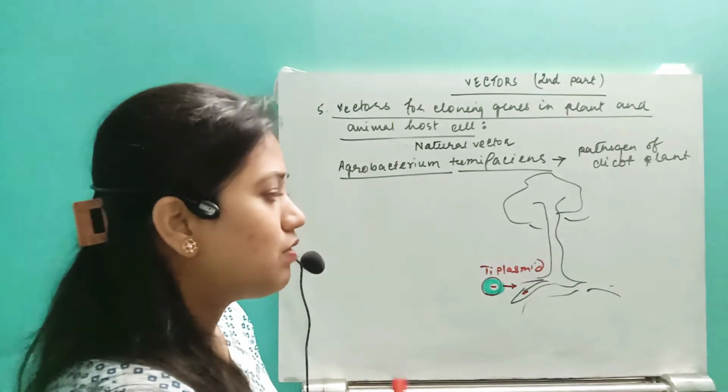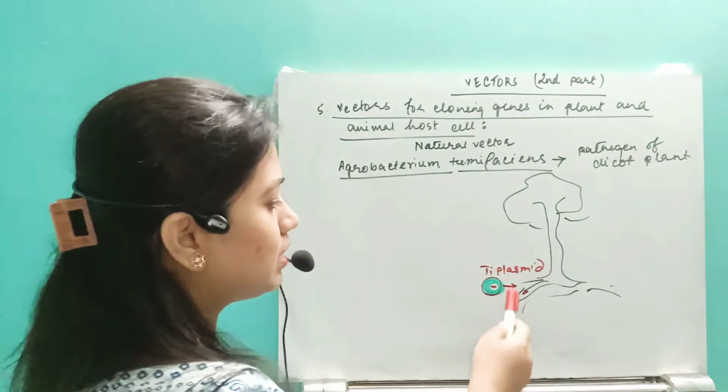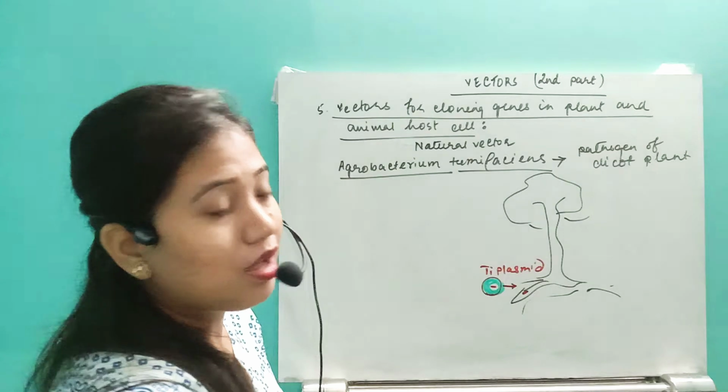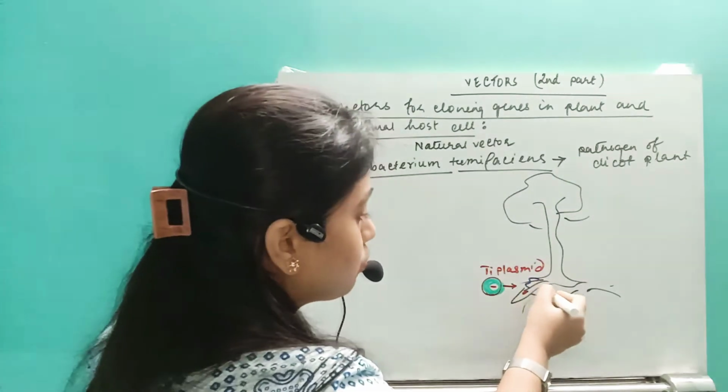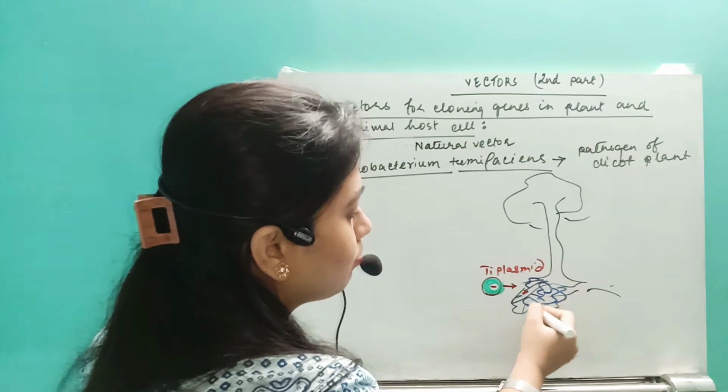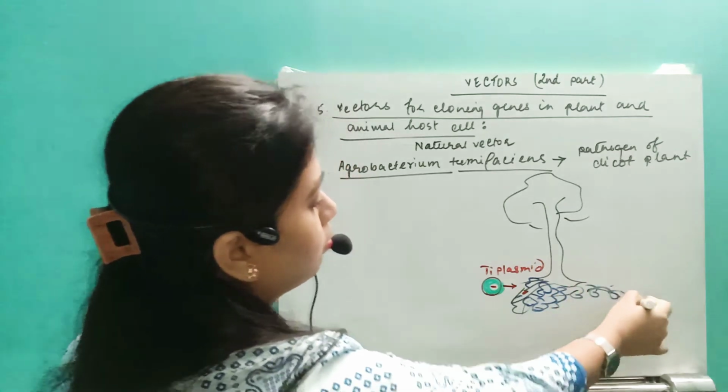Whenever it is inserted, the plant will start to develop cancerous or abnormal root growth. Tumor type structures will start to grow.